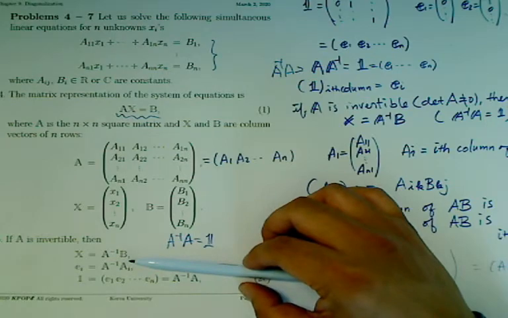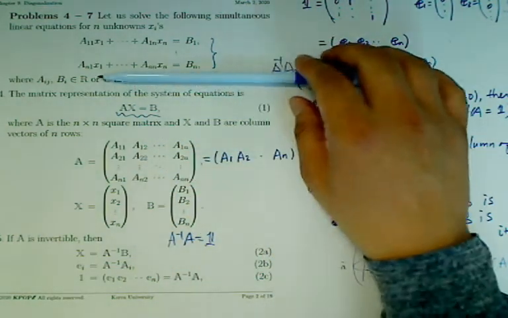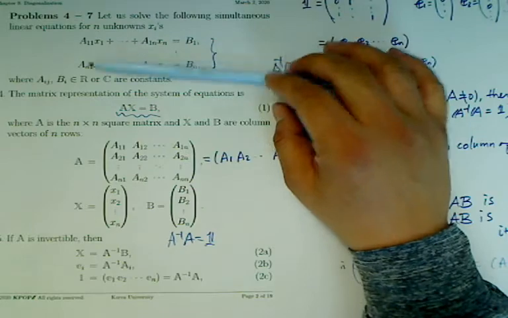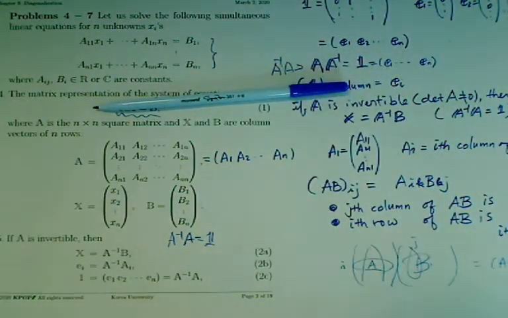That means the determinant is non-zero. If the determinant is 0, that means among n linear equations, at least one equation is linearly dependent on the others. Therefore, the determinant of A must be non-zero to have the inverse matrix. If there is an inverse matrix, then the dimension of the system is preserved.